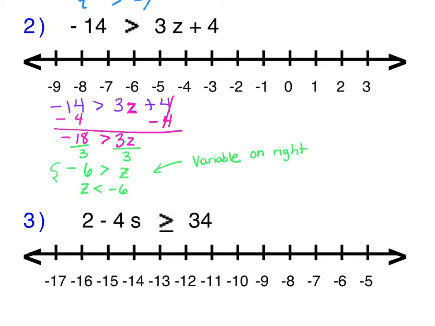These are equal. They're just written differently. So now I can graph. There is no line, so that is an open circle at negative 6. And it says z is less than negative 6, so anything to the left. Let's go on to number 3.